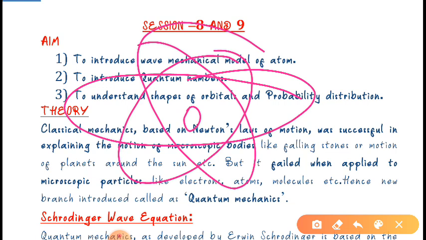After the atomic orbital and after knowing the concept of electron cloud, we will try to learn more about this, and we will try to represent both the atomic orbital and the electron cloud concept.